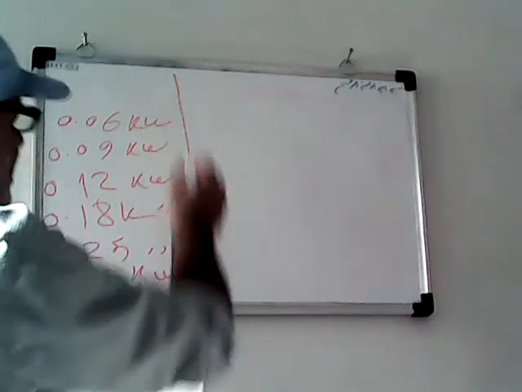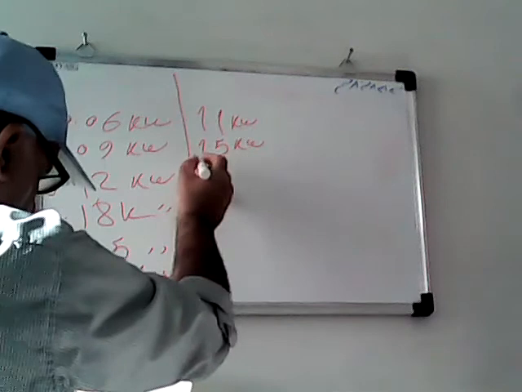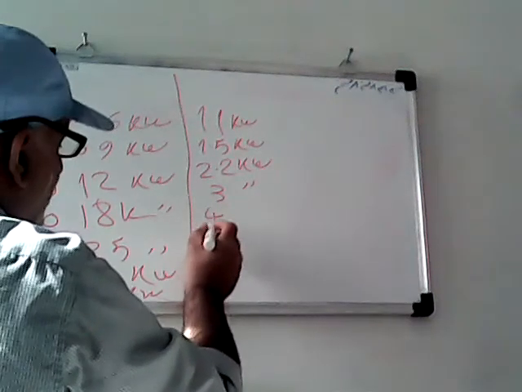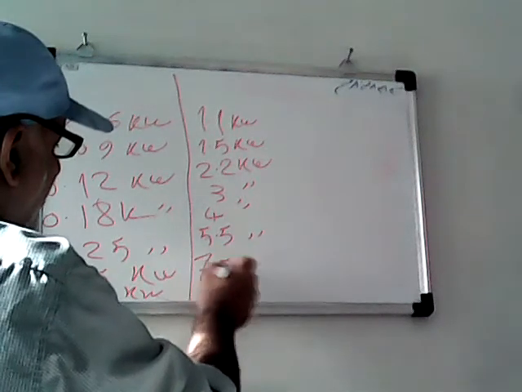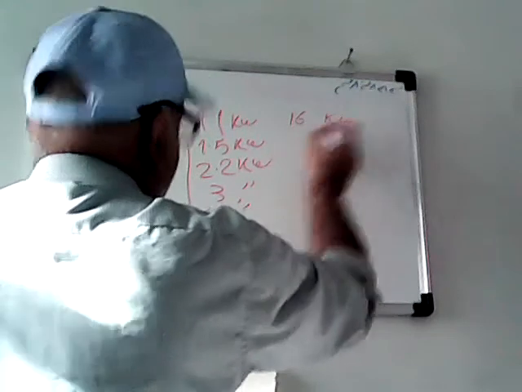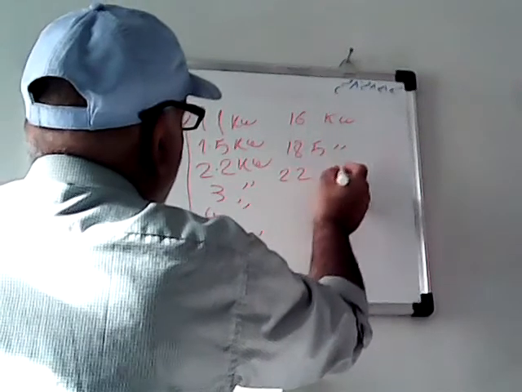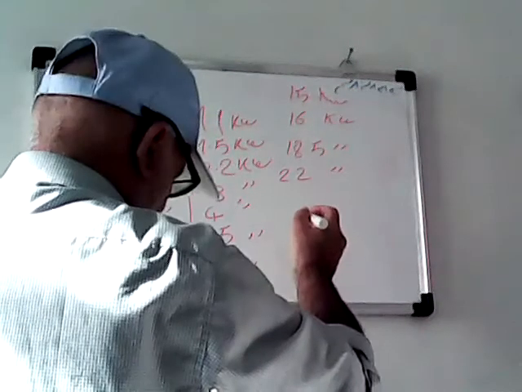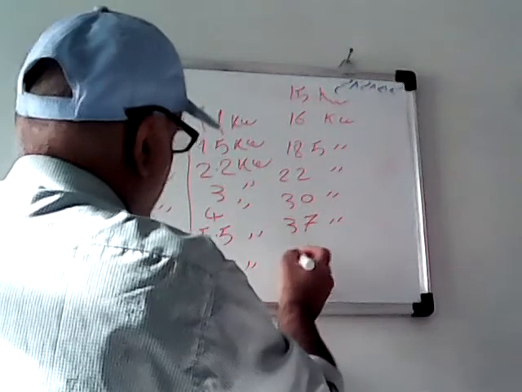And the round numbers: 1.1 kilowatt, 1.5 kilowatt, 2.2 kilowatt, 3 kilowatts, 4, 5.5, 7.5, 11, 15, 18.5, 22, 30, 37, 45.